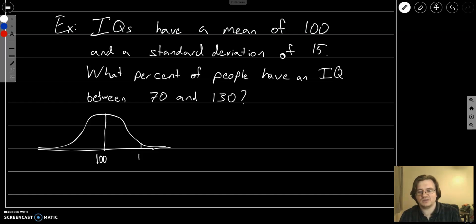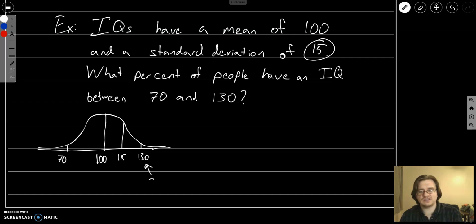Up here, we'll have 130. Down here, we'll have 70. And the question is, how much of the data will be between 70 and 130, as opposed to being below 70 and above 130? Well, we know the standard deviation, which is 15. So if we're at 100, 15 above 100 is 115. 15 above that is 130.